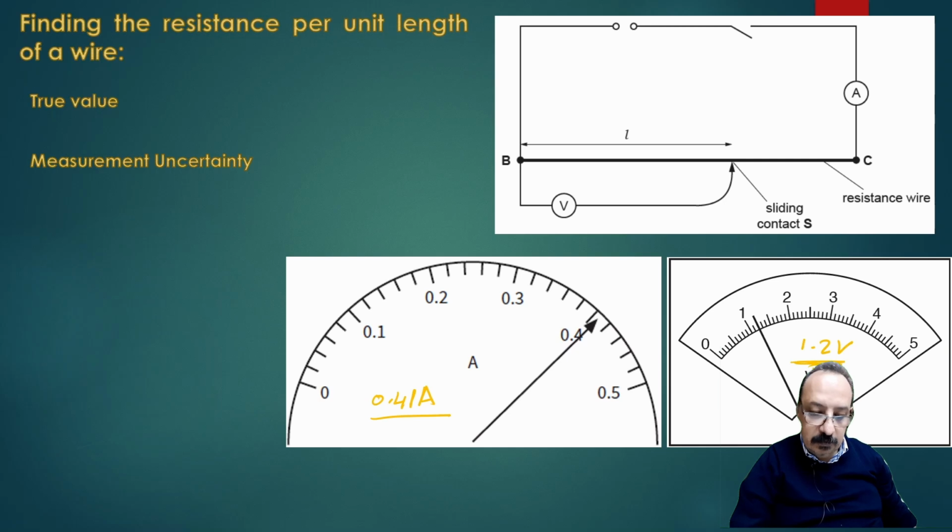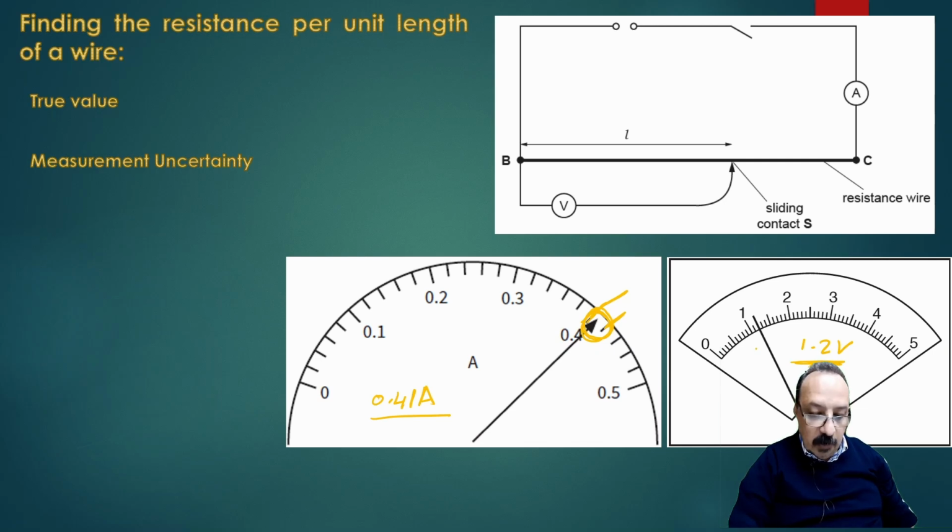Okay, so we notice that since our instruments are limited, we can have only a few number of divisions in any scale. Then we get measurement uncertainty.